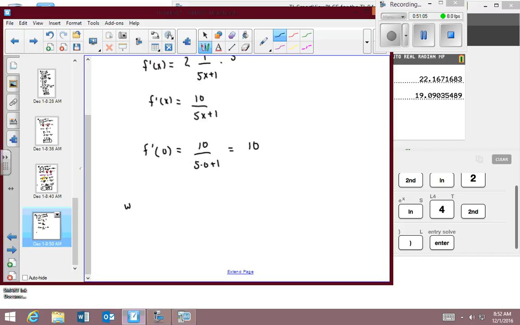When x goes from 0 to 1, f of x increases by 10, 10 units. The first derivative is the marginal.